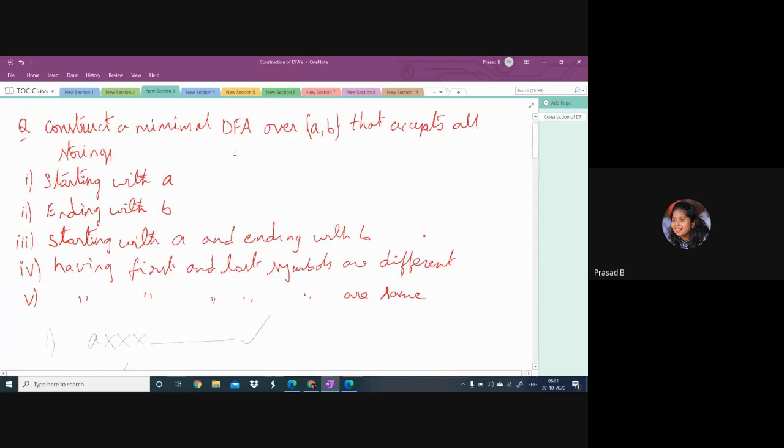Construct a minimal DFA over A comma B that accepts all strings: first one starting with A, second one ending with B, third one starting with A and ending with B, and fourth one having first and last symbols different.